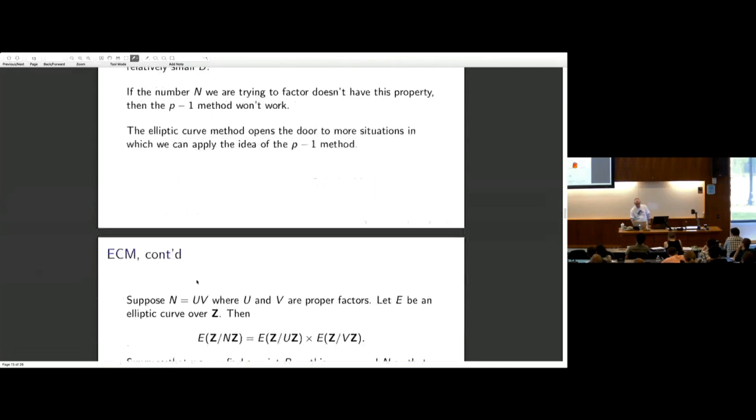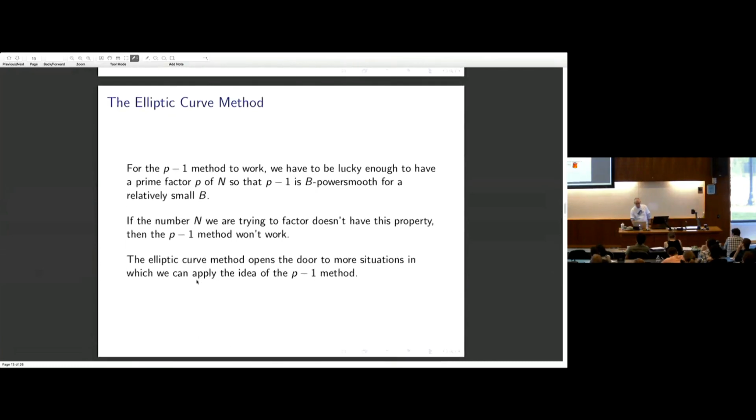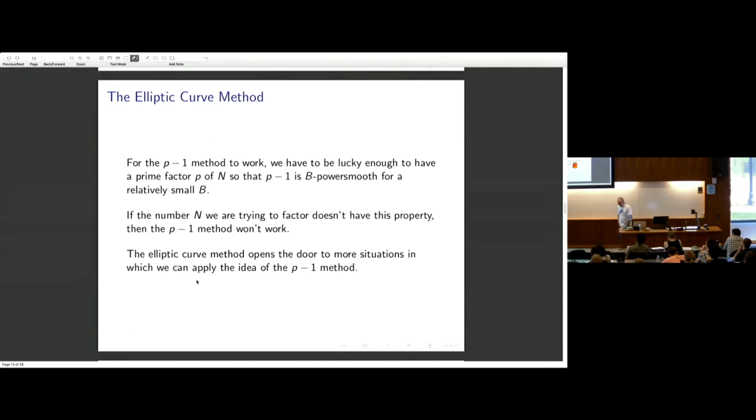And then Hendrik Lenstra came onto the scene. His paper was published in Annals, which is unusual for a paper about computational number theory.